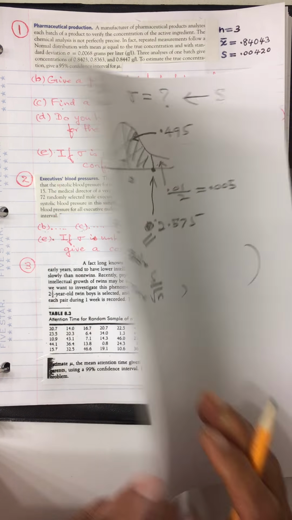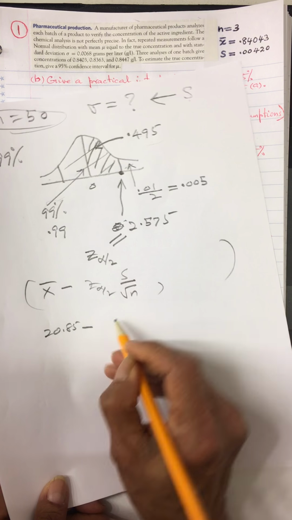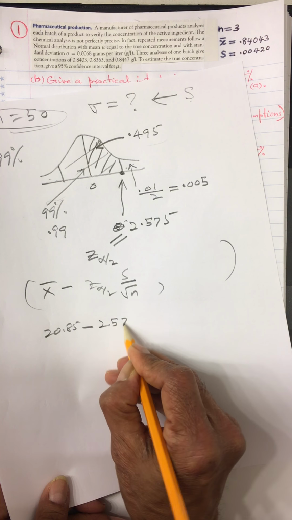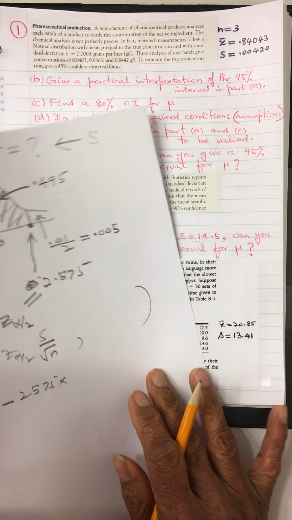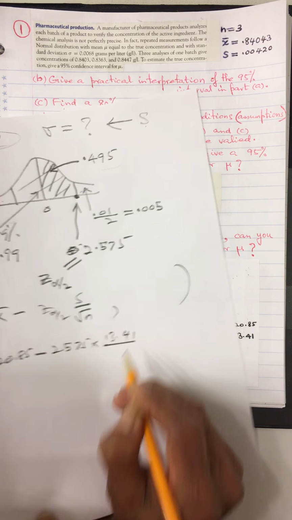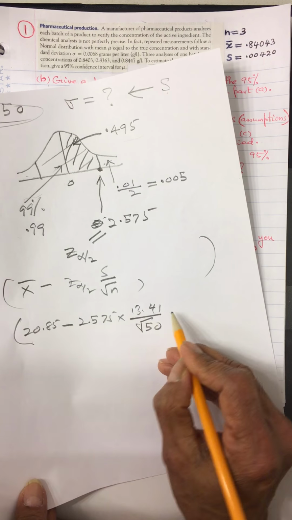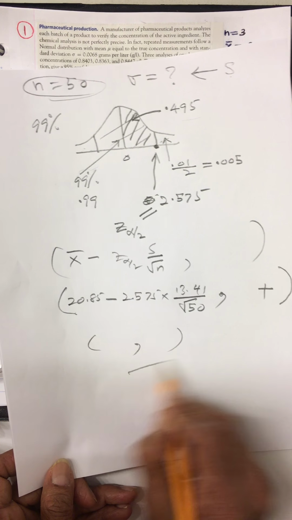The x bar is 20.85 minus the table value 2.575 times the S value 13.41 divided by square root of 50. So calculate that and that. That is your answer.